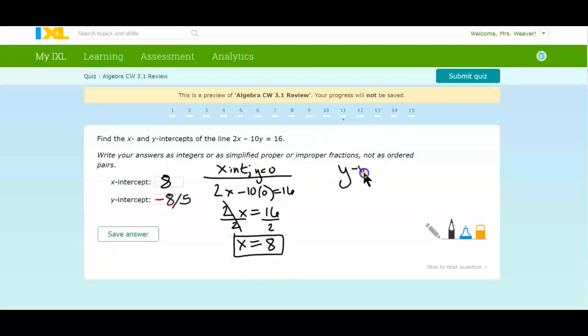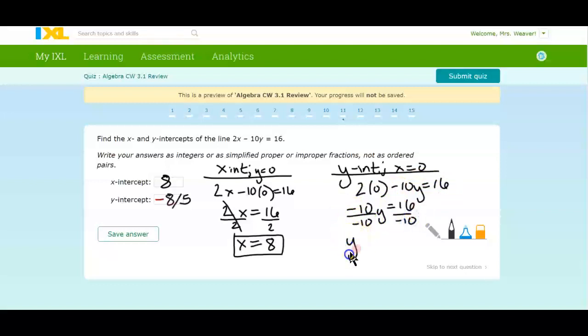Here is our work shown for the y-intercept. I'm going to talk through this last part now, and I'm going to rewrite this last part a little bit better real quick.